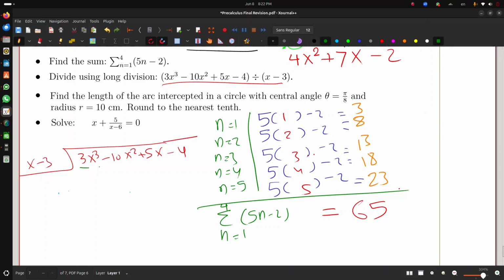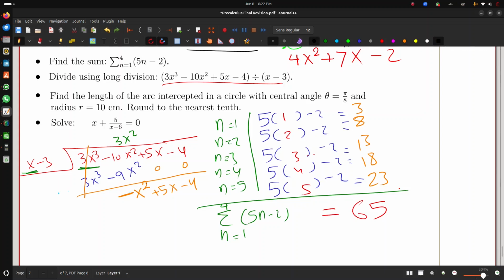You will take the leading term here and the leading term here and divide them, so it will be 3x power 2, and then multiply, so it will be 3x power 3 minus 9x power 2. Then subtract. This one will be 0, this one will be negative x power 2. This one minus 0 gives you positive 5x, this one minus 0 gives you negative 4.